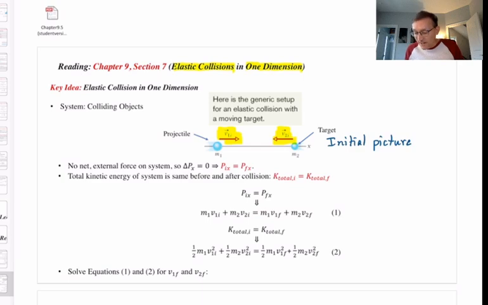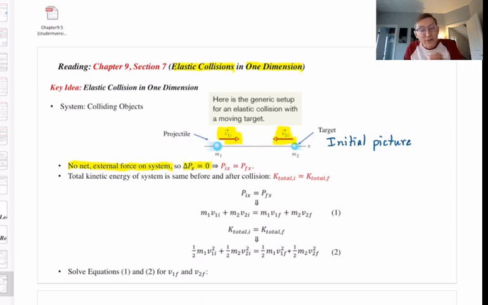But here's the physics ideas we're going to use. We're assuming there is no net external force on the system. The system is the two objects. So we learned that if there's no net external force on a system, the linear momentum of that system is conserved. It cannot change. And since we're limited to an x-axis here, that means the change in the x momentum of the system must equal 0.